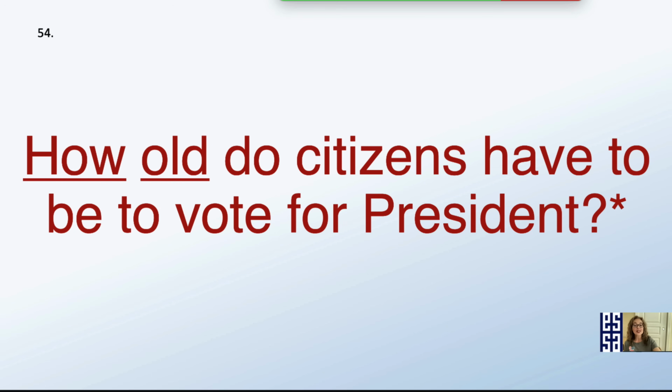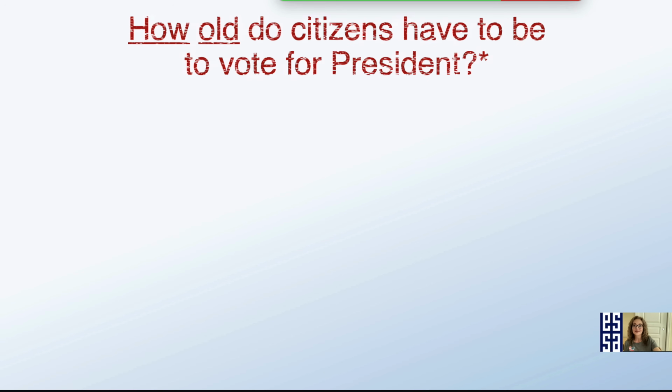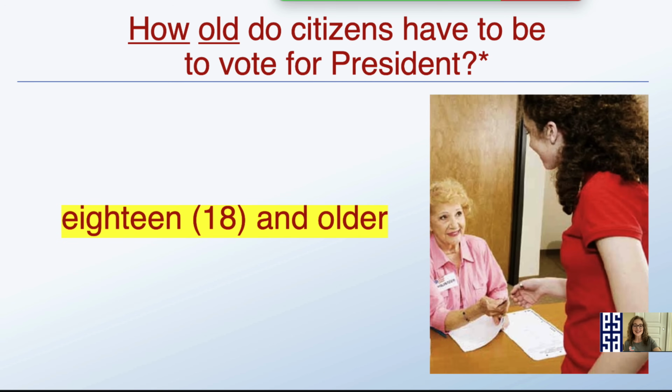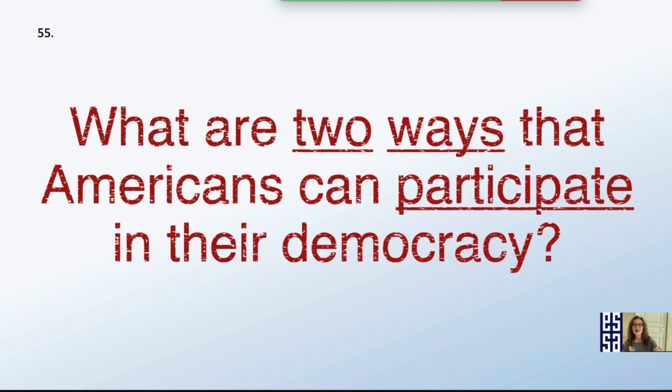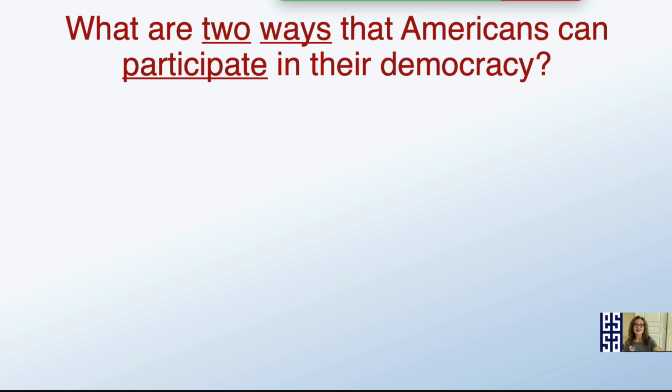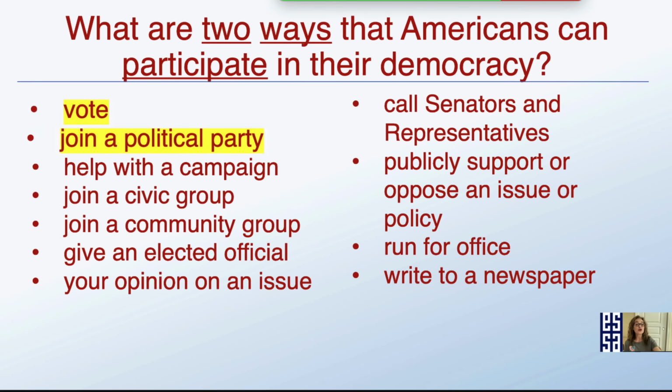How old do citizens have to be to vote for president? 18 and older. What are 2 ways that Americans can participate in their democracy? To vote and to join a political party.